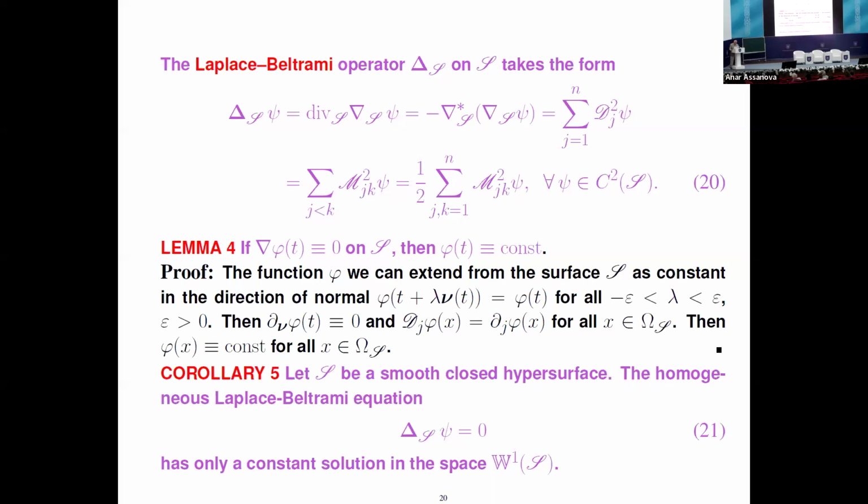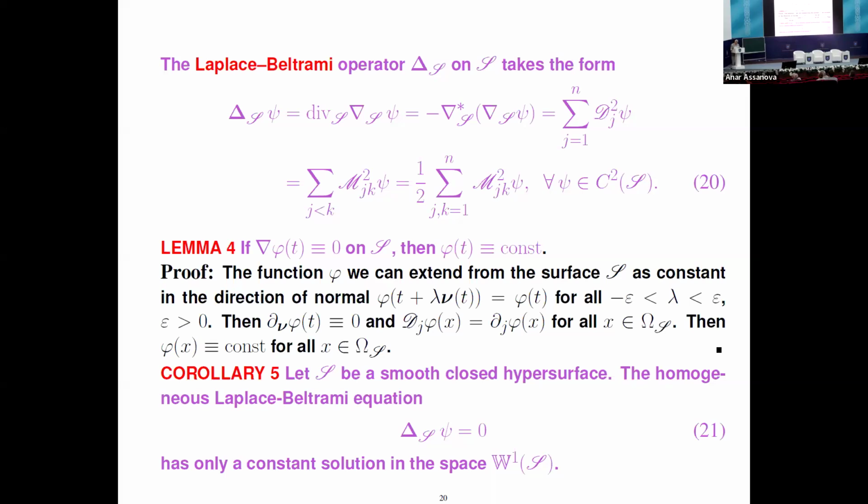Okay, and the lemma: what I missed here to write is that this gradient applied to phi is the surface gradient. So it is now nabla with subindex s. If nabla subindex s phi is equal to 0, it follows that the function is constant. This is the classical result in Rn: if all derivatives are 0, the function is constant.